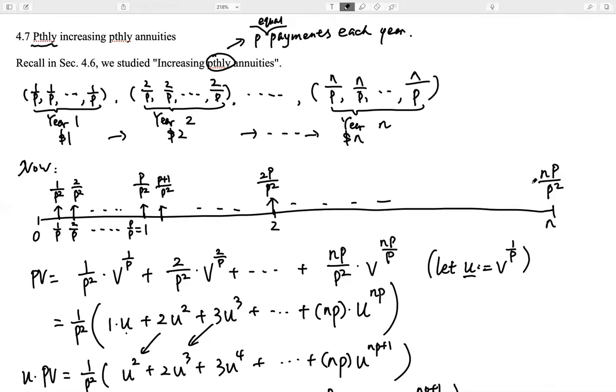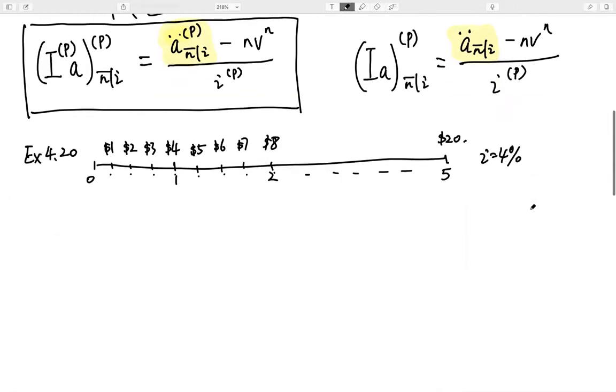That is pretty much what we have done here, right? And p here is 4. So that means if you want to apply the previous formula, it will be I. So here is not p, it's 4. And obviously, this is also 4 for the length of 5 years.